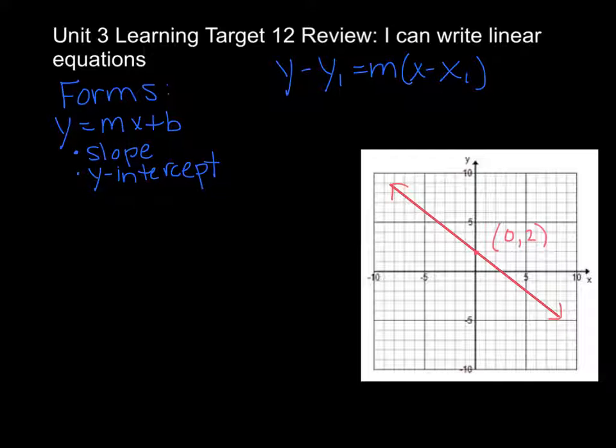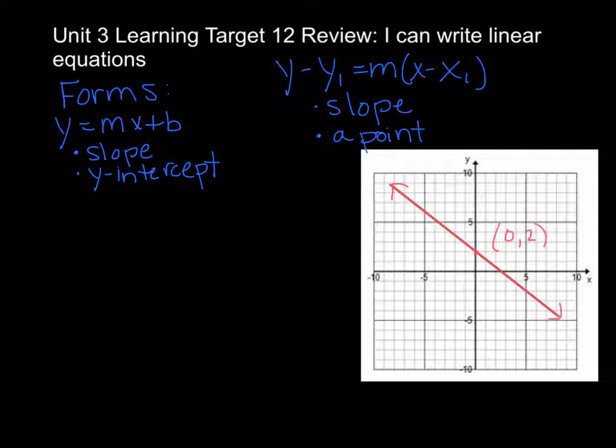That's for when we are given the slope and a point on the line. So every single time you have to ask yourself, well, what's the best form to use?